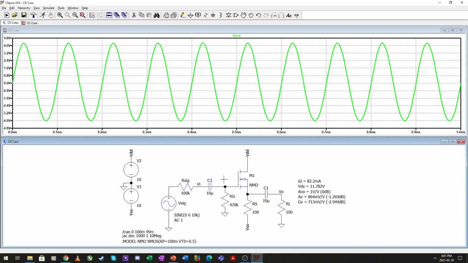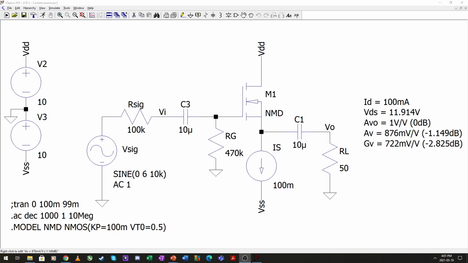Right, so our common drain amplifier here is actually correlating very, very well with our calculated results. Let's have a look at our current source problem. So for our current source problem, we have our ID as 100 milliamps.